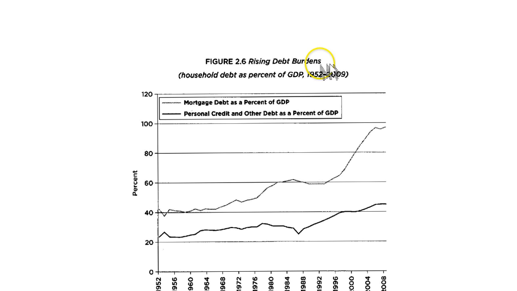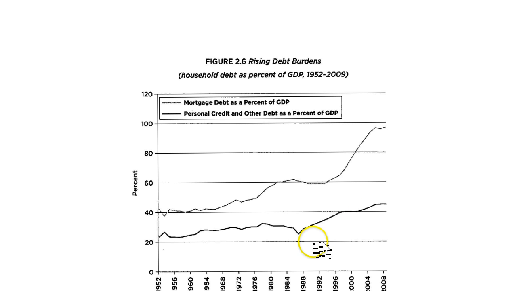And here we see personal mortgage debt as a percentage of GDP. You can see it was going up a little bit in the 1960s, a little bit faster in the 1970s, and then leveled out in the 80s. And you see this rapid increase. So by the time we got to 2008, basically the total debt was about the equivalent size of our economy, 100% of GDP.